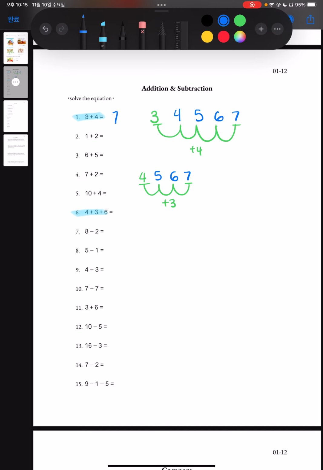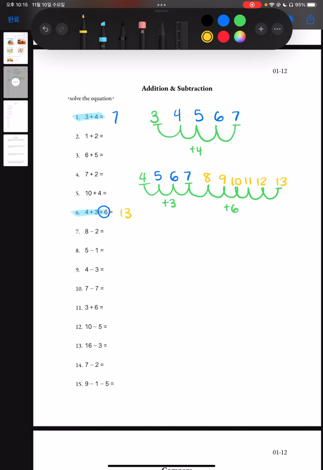And from here, you have to add 6 more because it says plus 6. So I'll do 1, 2, 3, 4, 5, 6 more, adding 6, and count again: 8, 9, 10, 11, 12, and 13. So the answer for number 6 will be 13.